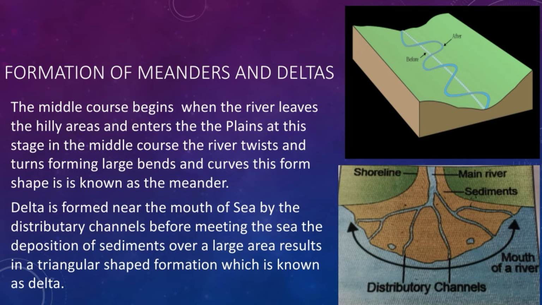Before meeting the sea, the deposition of sediments over a large area results in the triangular shaped formation which is known as delta. So keep it in your mind, children, that delta is a triangular shaped formation which is formed near the mouth of the sea by the distributary channels before meeting the sea.